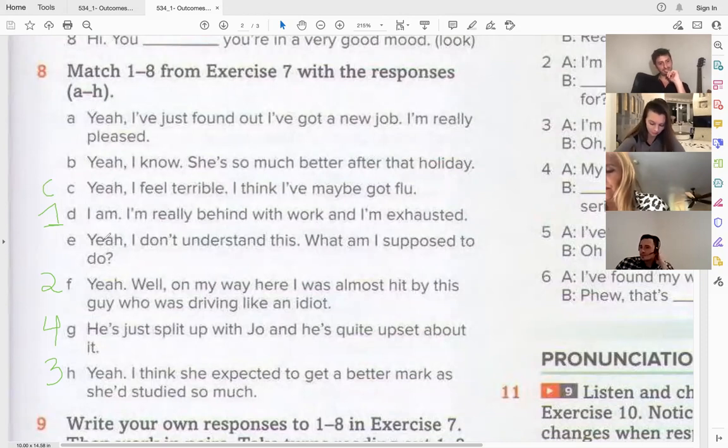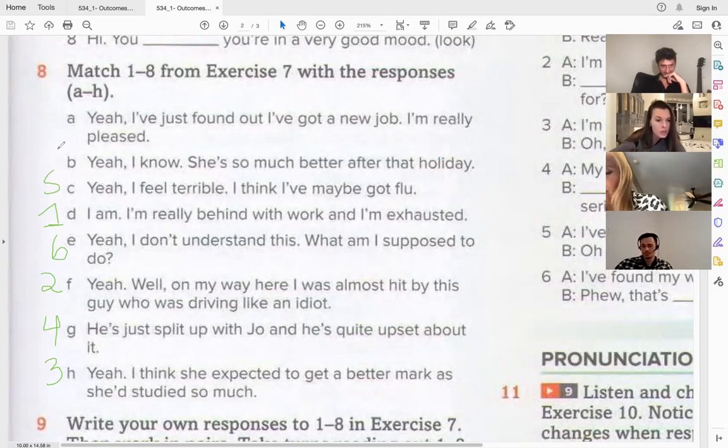Okay. Are you all right? You look a bit confused. And E, yeah, I don't understand this. What am I supposed to do? Yes. Okay, that's 5. That's 6. Very good. And then Emily. Have you seen Anna? She looked so well, so relaxed when I saw her last. B, yeah, I know.